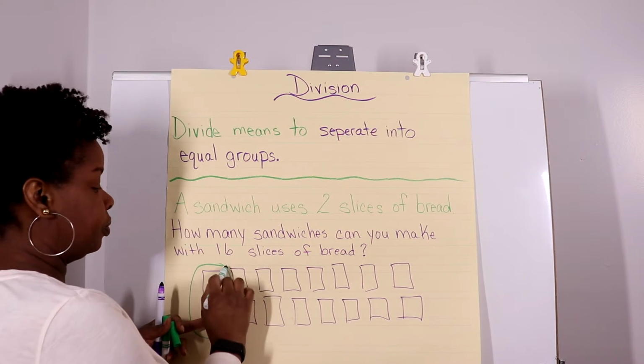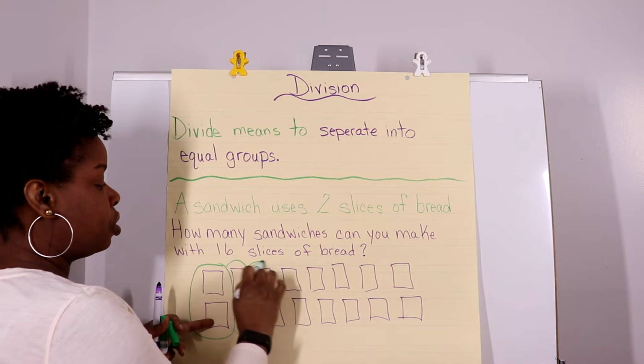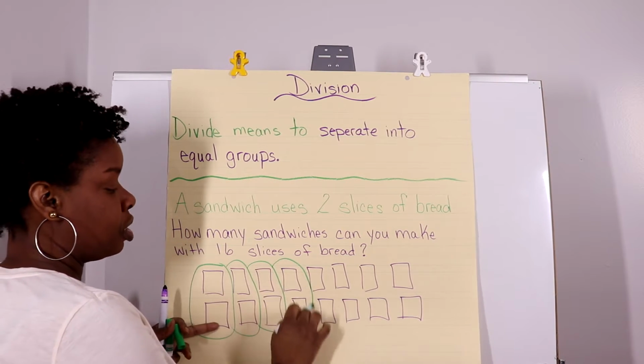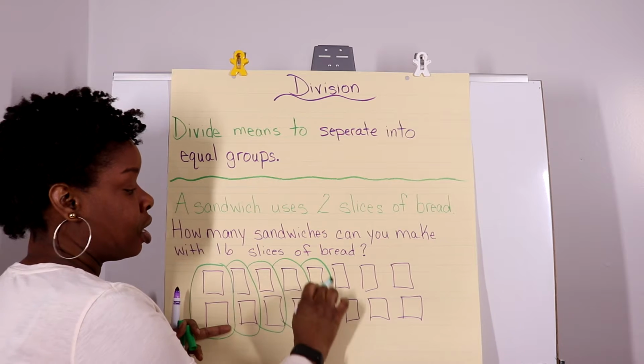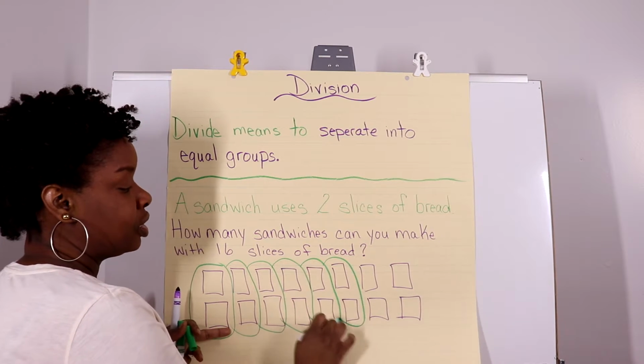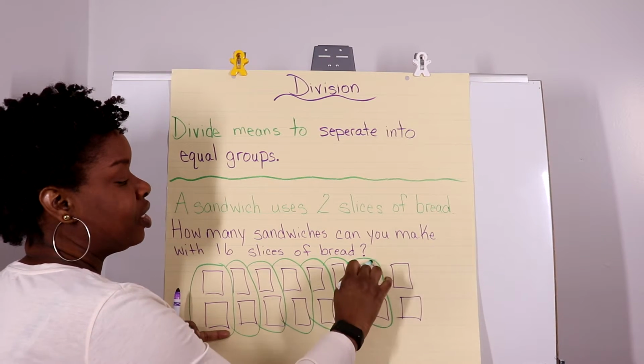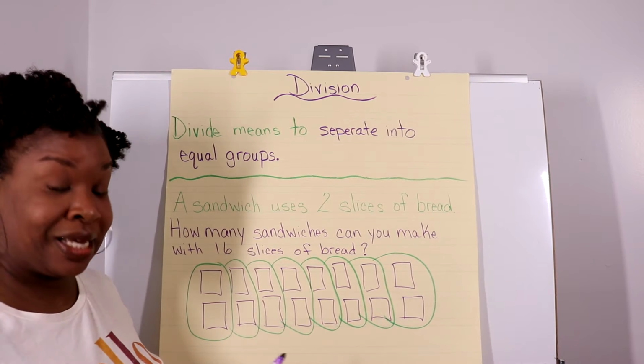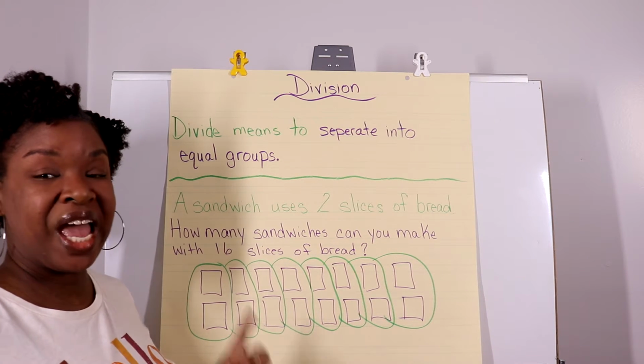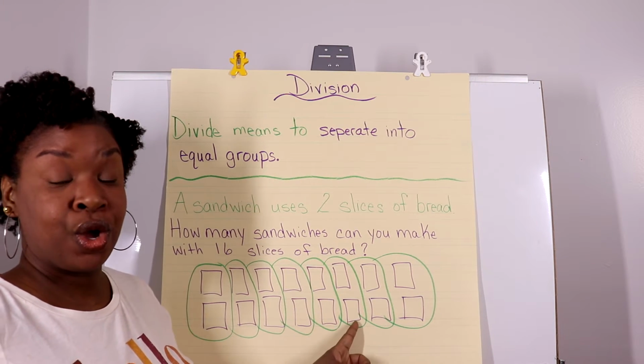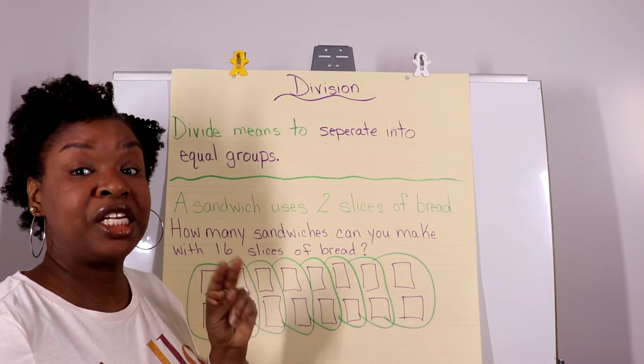1, 2, 3, 4, 5, 6, 7, 8. So now we had 16 slices. We used 2 slices for each sandwich.